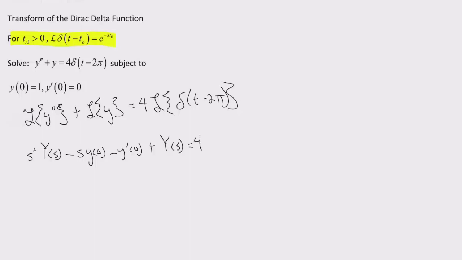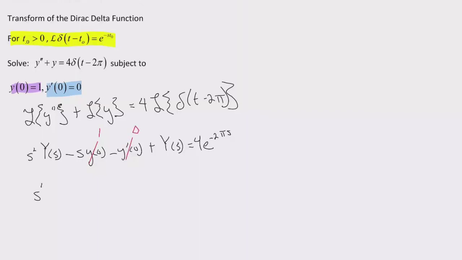Okay, and then the Laplace of the Dirac delta is 4e to the negative 2 pi s. Alright, and then we can take into account our initial conditions. So y of 0 is 1, so that part becomes 1. And then y prime of 0 is 0, so that part becomes 0.